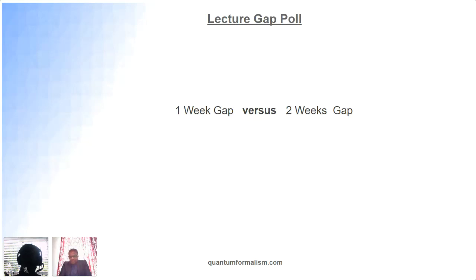Okay, so we have a vote. Please vote on the poll, because you will dictate whether we have a session next week or the week after. I only have 3 votes so far, I need more. Okay, I can see the majority wants a 2 week gap.